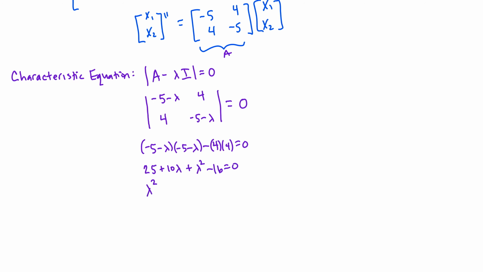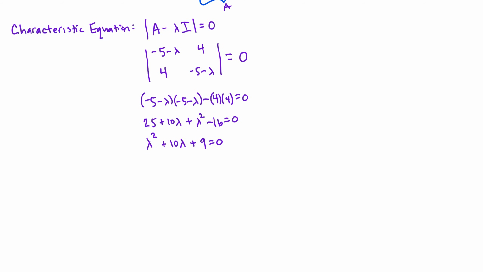And rearranging, we have lambda squared plus 10 lambda plus 9 equals 0. When we factor, we have lambda plus 1 times lambda plus 9 equals 0. Thus, we have two distinct negative eigenvalues. Lambda sub 1 equals -1 and lambda sub 2 equals -9.